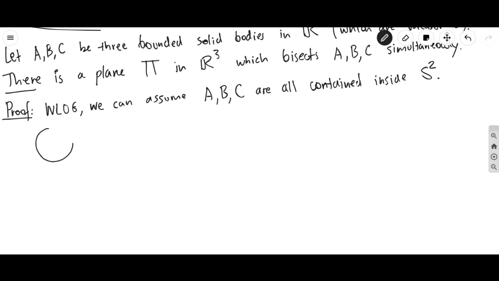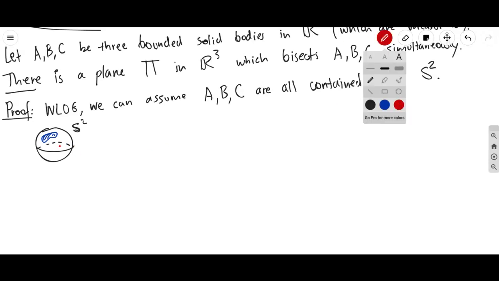We're saying that you have the two-dimensional sphere, and then the three bodies. This is sort of like body A. Maybe you have another body, body B. Then you have another one. They're all sitting inside the two-dimensional sphere. So this is the unit sphere. Because if it's not the unit sphere, then you will just blow up your sphere and repeat the argument all over again. Topologically, the size of the sphere does not matter. So let's just assume it's the unit sphere.